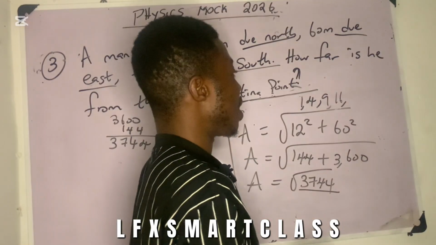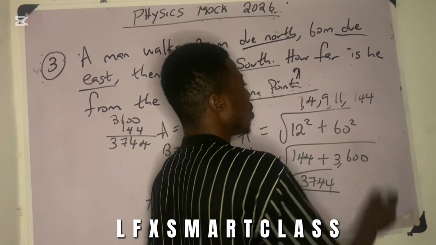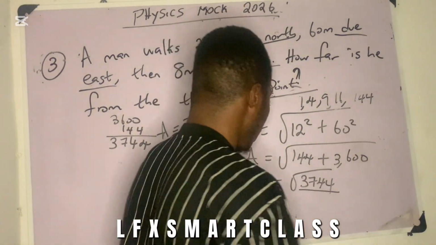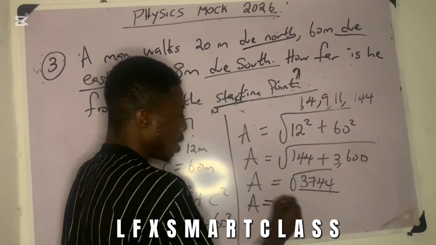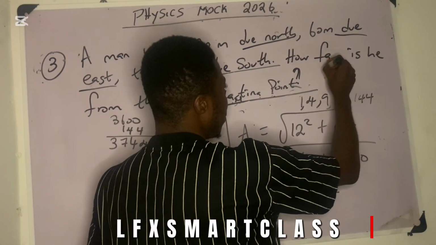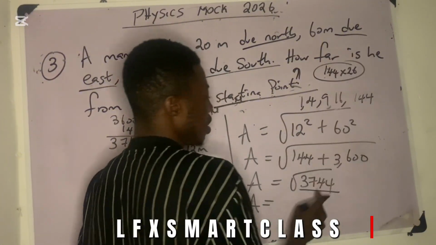And one of the ones I used in dividing was 144. So when I divided with 144, I got 26. Yes, I got 26. So that means this A will now be 144 times 26, which will give me this. That's what it means.